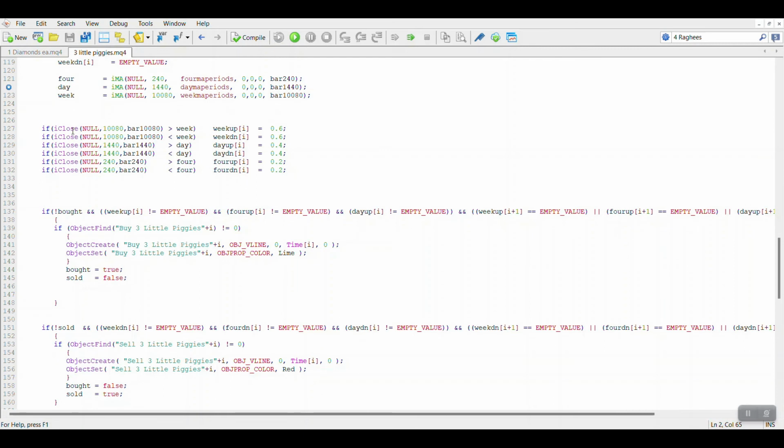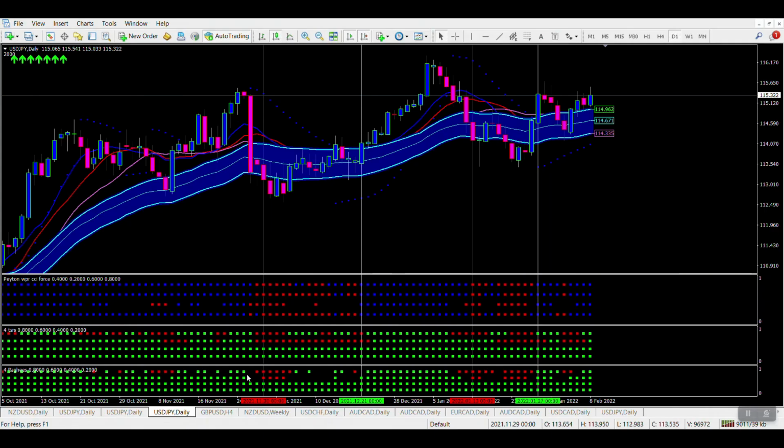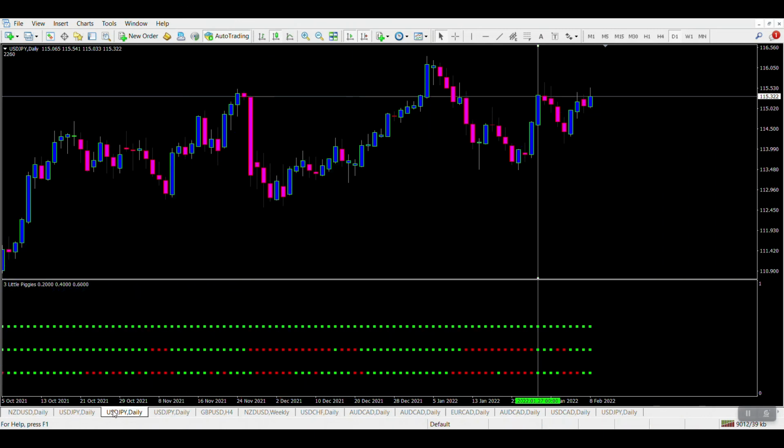All this is saying is if the close is greater than the week, and the week is that MA period, that MA value, then week up, which is the line, is going to be 0.6. Week up is going to be right. That's daily, right there.